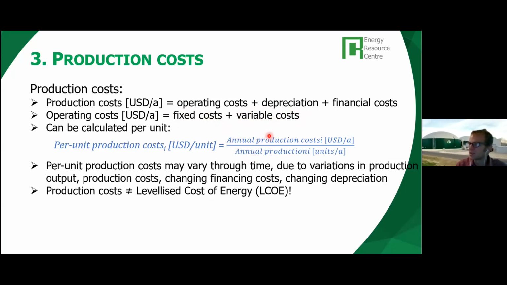You may get variations both in the annual cost and in the per unit cost. So looking at different years, depending on, for example, how you finance your project, or whether you assume a certain development in the output of your project, you will get a certain development of your per unit production costs.